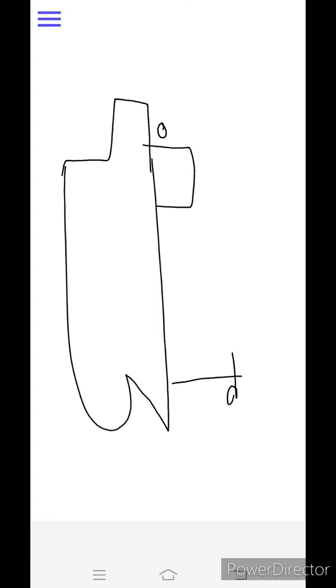So it's clearly saying when the two anchor lights are placed, the vertical separation between them should not be less than 4.5 meter. Means the forward light should be 4.5 meter above the aft anchor light.